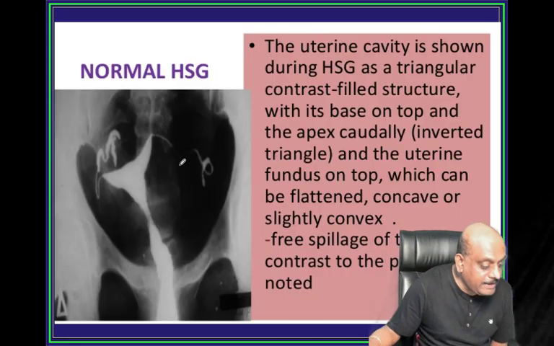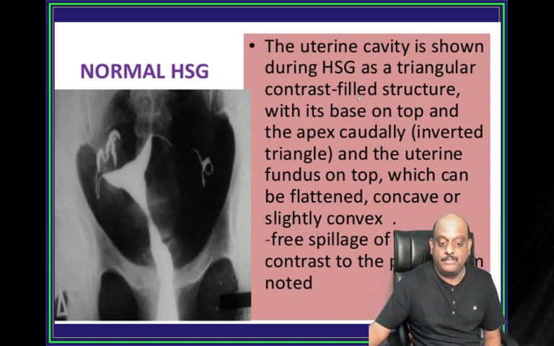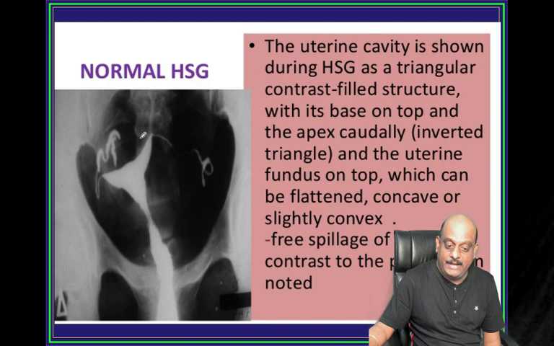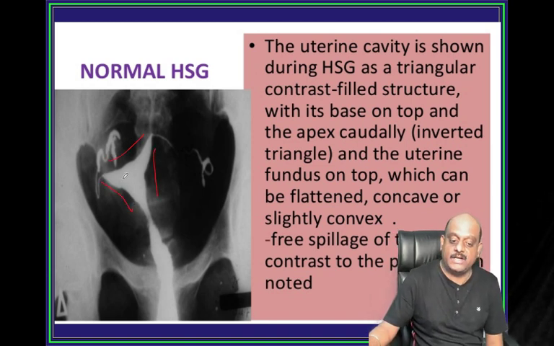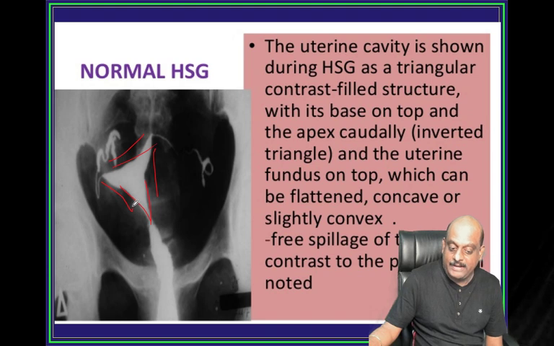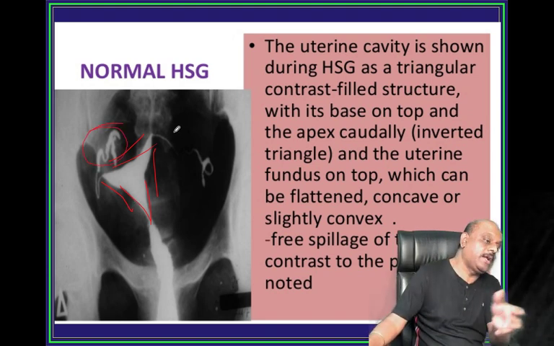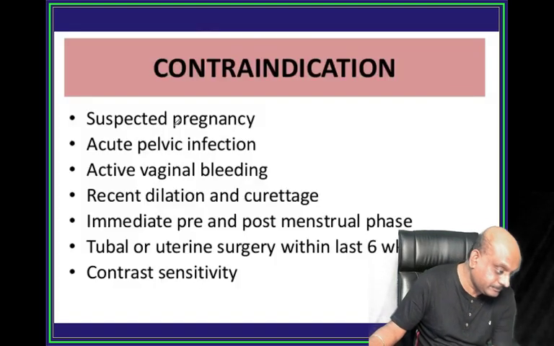How does a normal hysterosalpingogram look, doctor? Typically, it is a triangular, contrast-filled structure with its base on the top and apex directed caudally, and there will be free spillage of the contrast into the peritoneum.